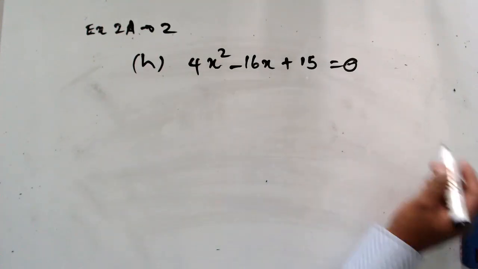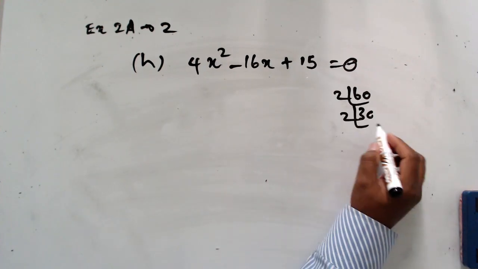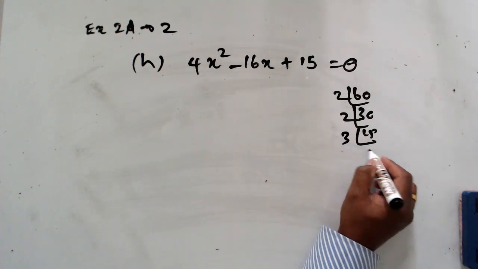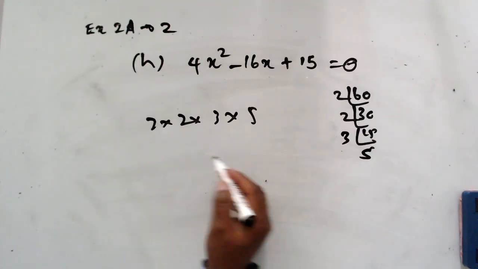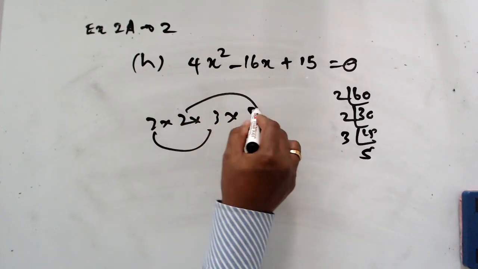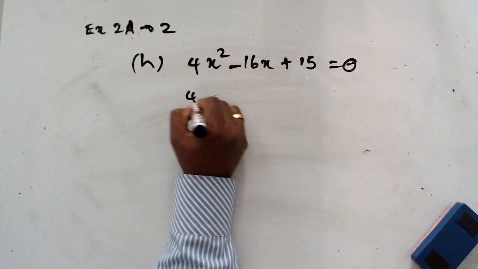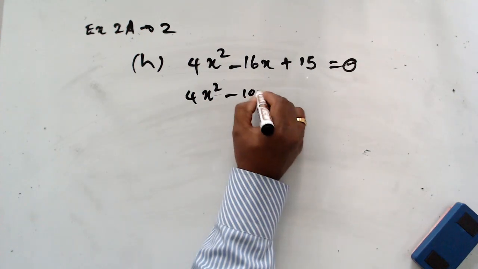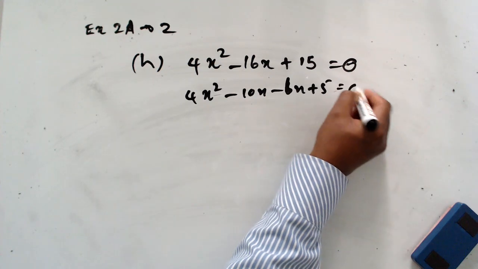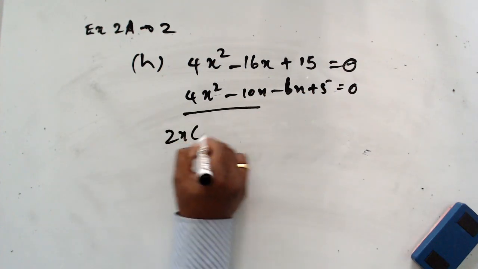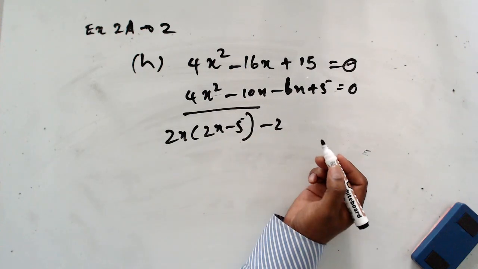So 4 times 15, 60. So 2 times 30, 2 times 15, 3 times 5. So 2 times 2 times 3 times 5. Which one was 2 times 3 and 2 times 5? Yes, 6 and 10 was. 4x squared minus 10x minus 6x plus 15 equals 0. 2x is common, 2x minus 5, and something is wrong.